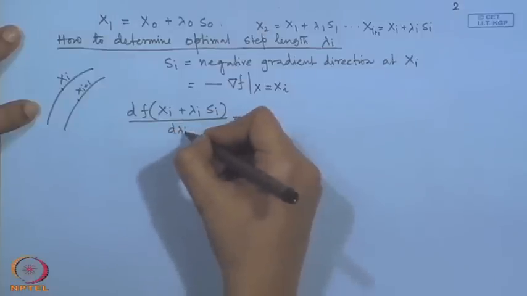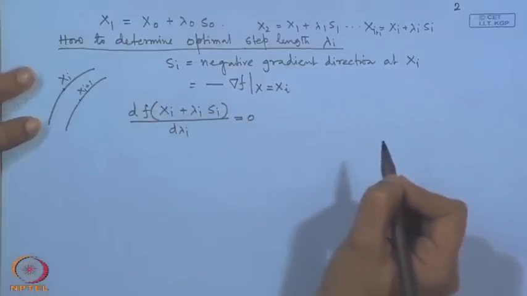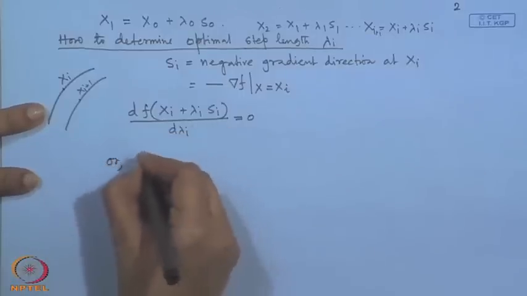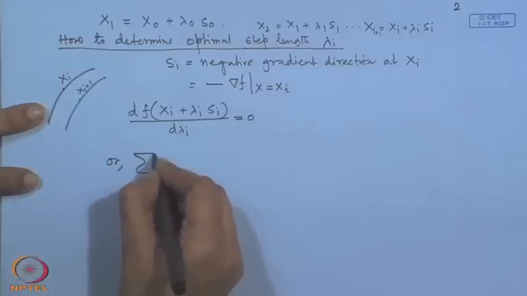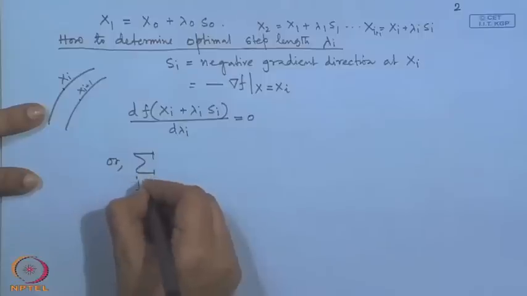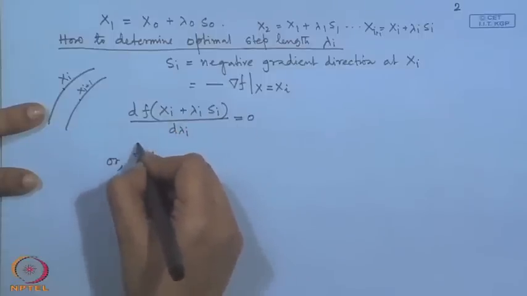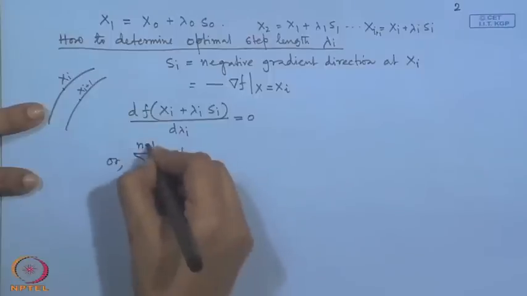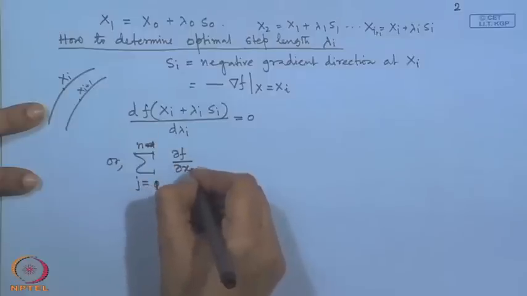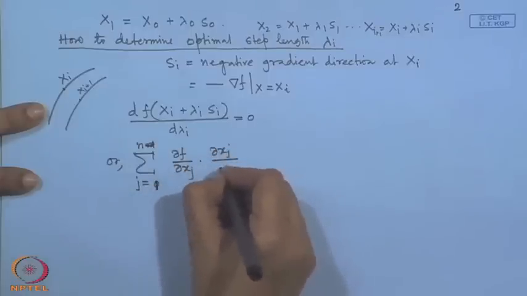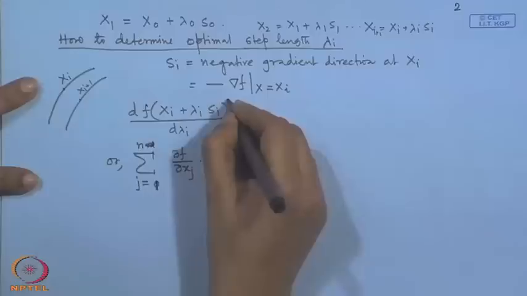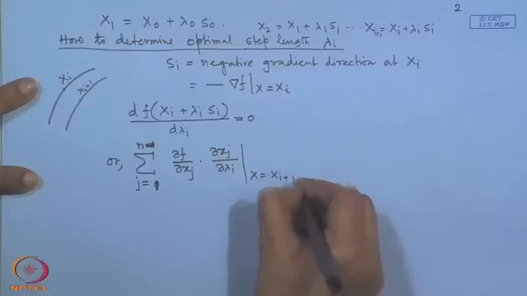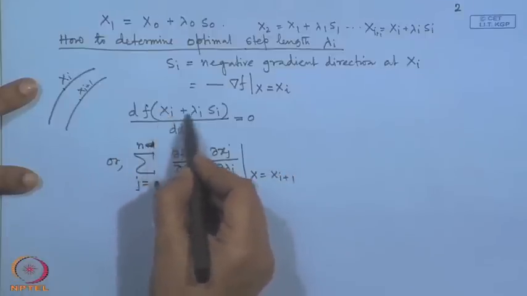Actually, we are finding that lambda i which gives the minimum value for the function at the point xi+1. Since this is a point in n dimensions, we can write the summation j equal to 1 to n of del f by del xj into del xj by del lambda i, and we will find this value at point x equal to xi+1, because we have considered the function at point xi+1.